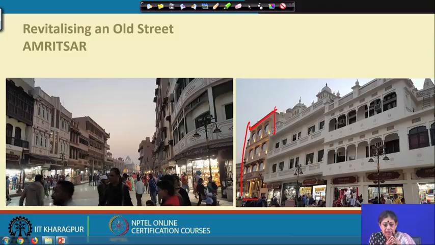So, you can see some guidelines on what the signage system will be, the design and other things, and then the paving pattern is becoming a pedestrian area and a mixed area.